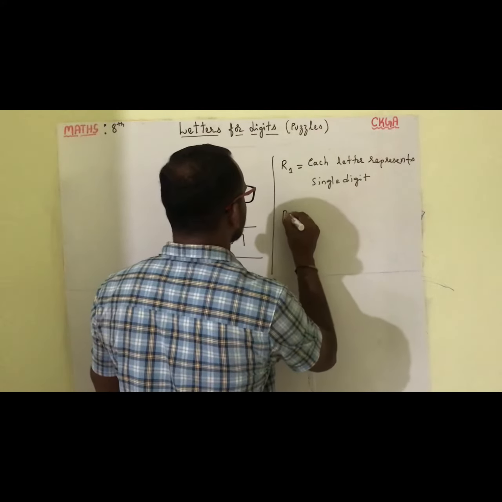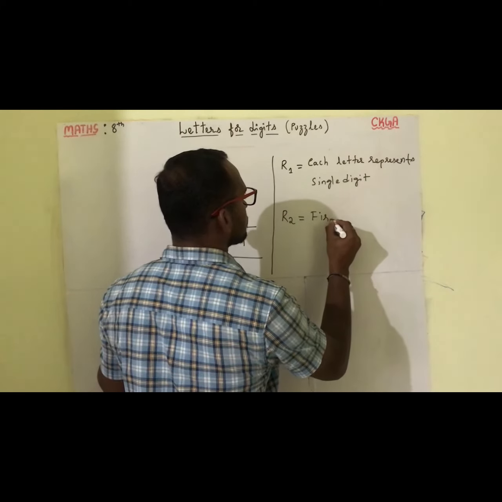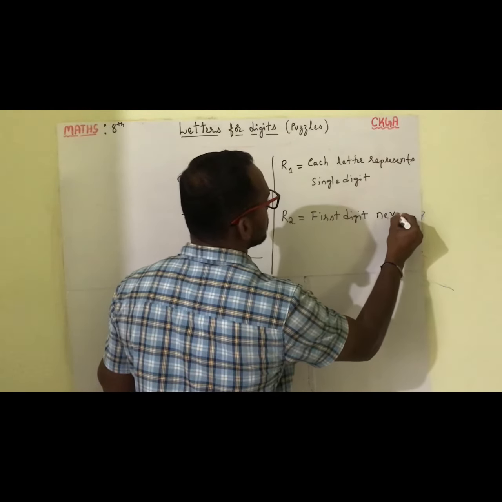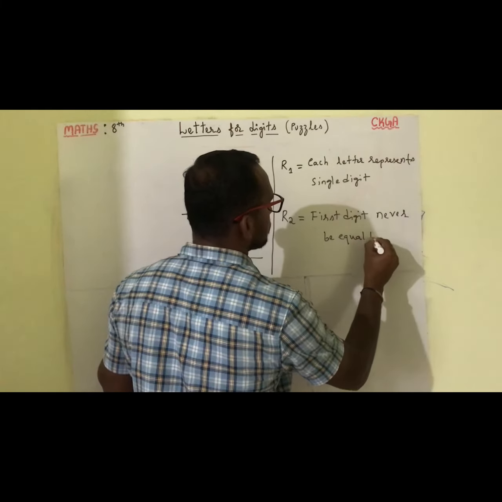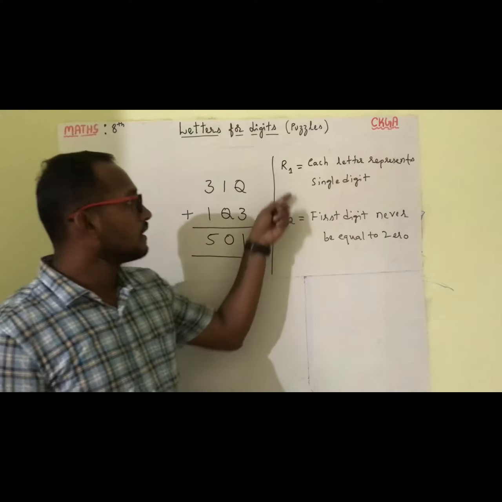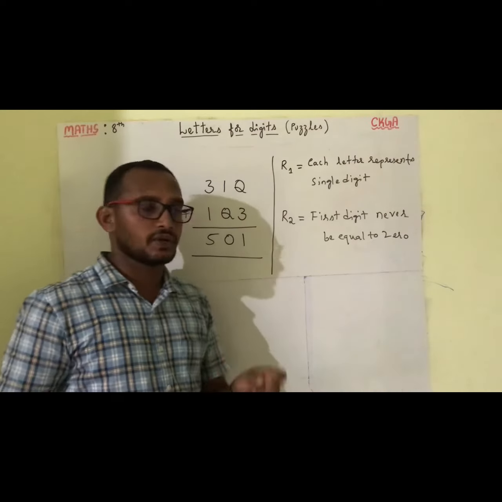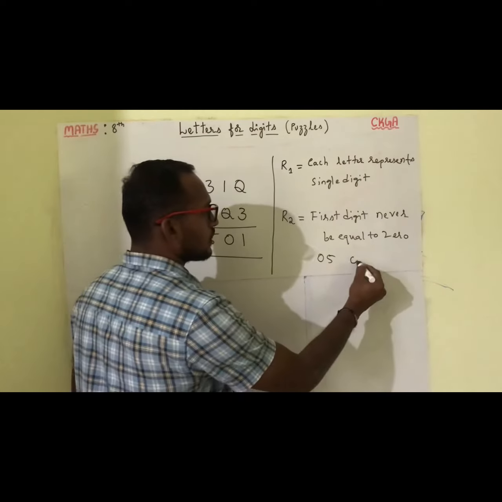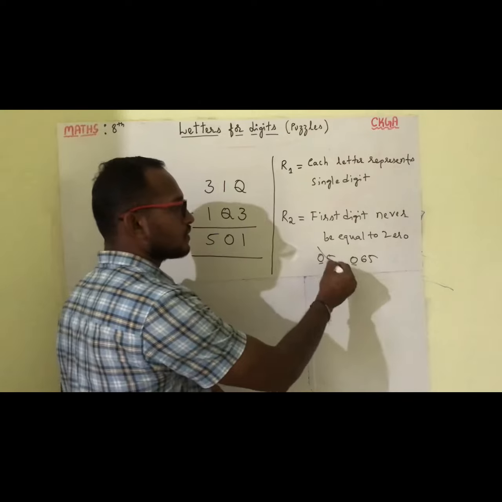Rule 2: the first digit can never be equal to 0. You can't have something like 0 5, or 0 6 5, because the first digit will never be equal to 0.